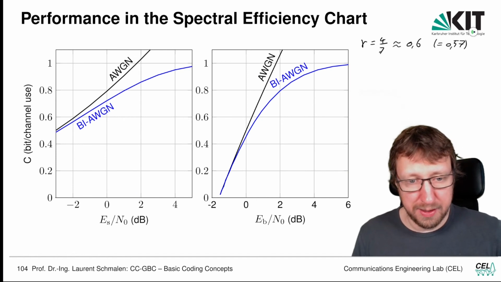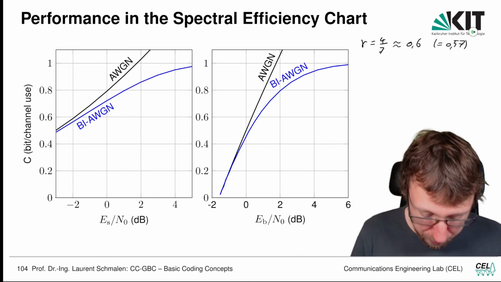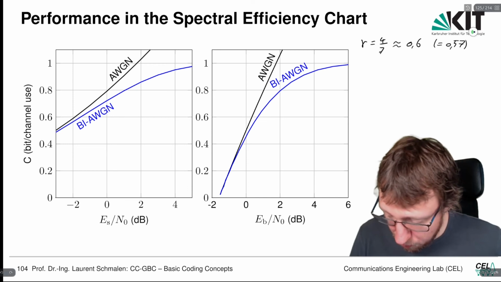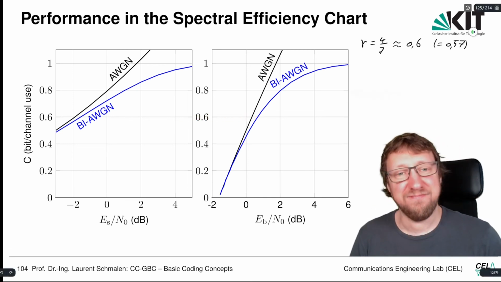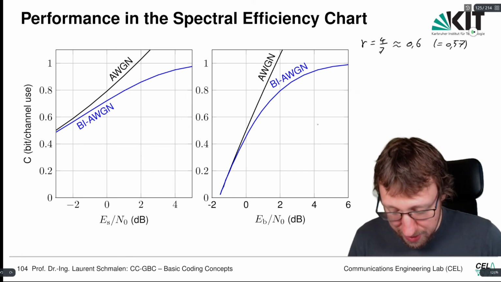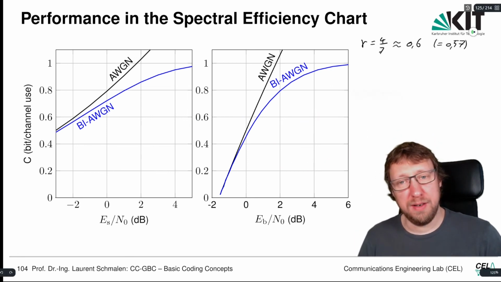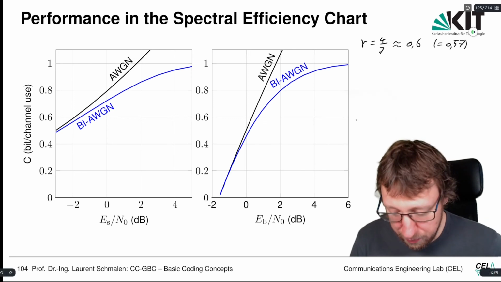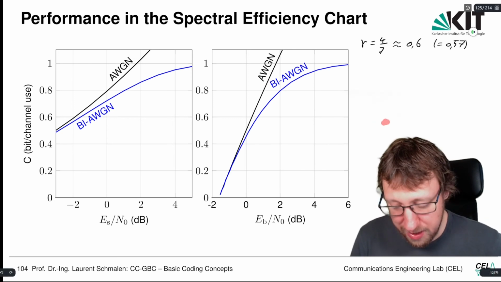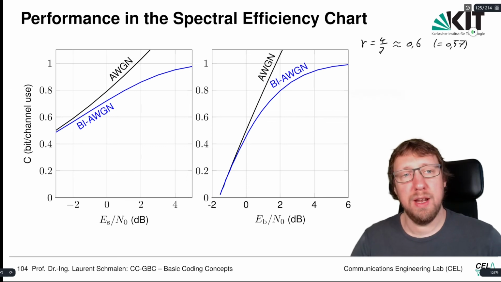So this is the point that we would insert somewhere outside of this region. And also here, we cannot insert the point. So we would have a point that we will insert somewhere here, and then we will show it in the spectral efficiency chart.